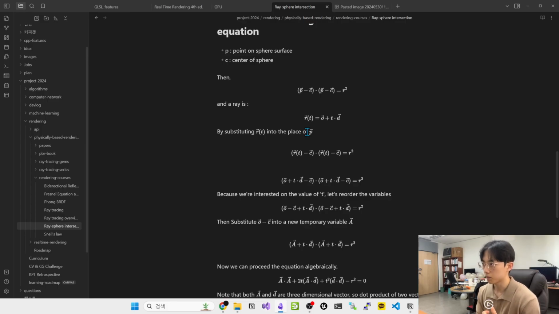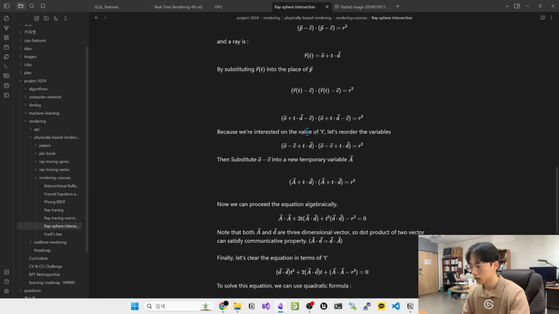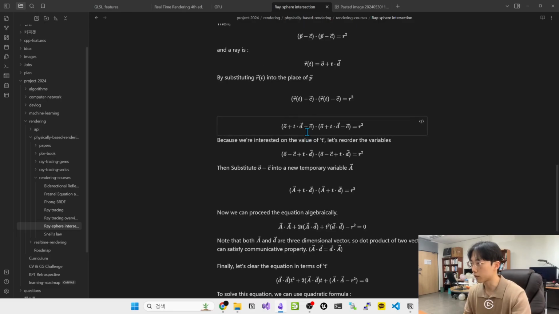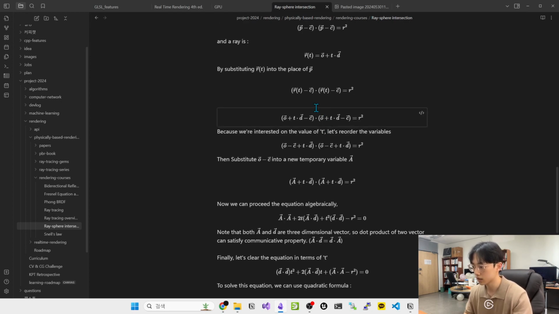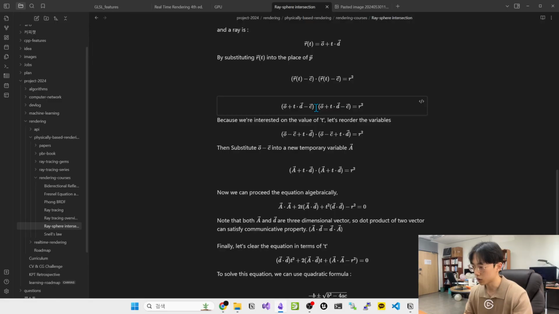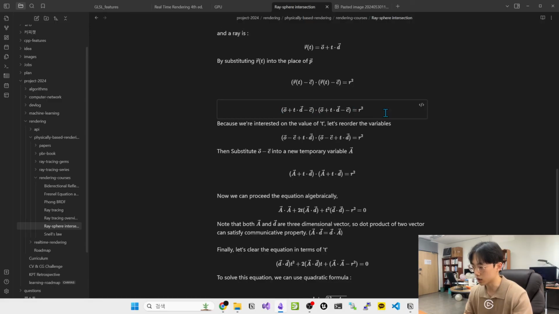Also, we know the center of the sphere and the radius of the sphere. With this given information, we can substitute some variables and show it as this equation. So this is the ray part, and this is the center of the sphere, and the dot product of the two of them should be equal to the square of the radius.